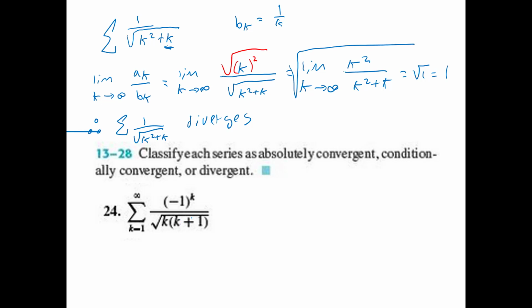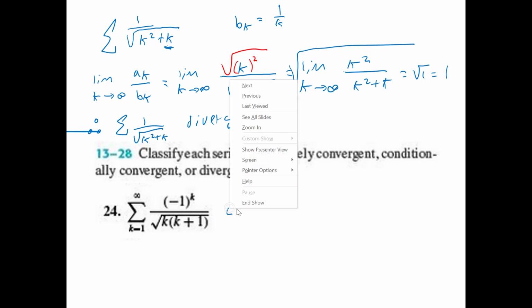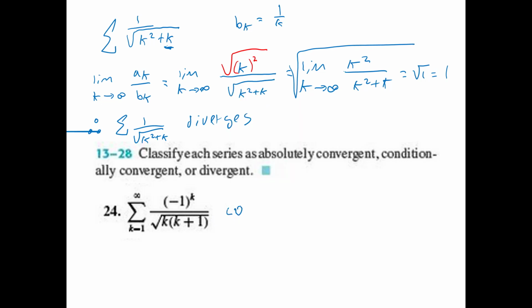The terms are going to 0, and so then this converges by the alternating series test. Therefore, we're supposed to classify it. It's conditionally convergent.